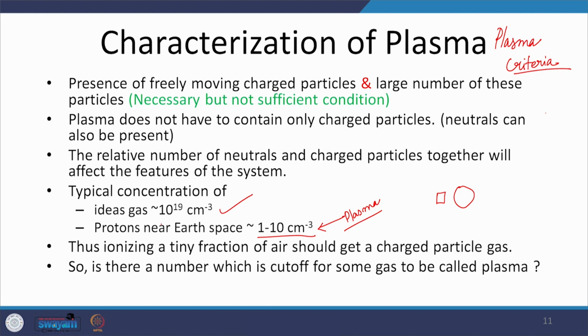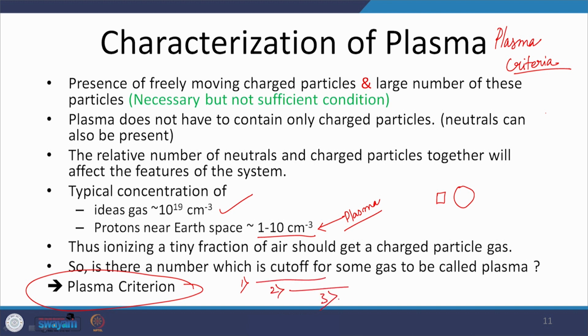Okay. So, how do you characterize plasma? The essence of this slide is just that by having charged particles alone, we cannot call a gas plasma. This ambiguity can be resolved only when we try to understand what is called the plasma criterion. This will give you 3 rules, 1, 2, 3.